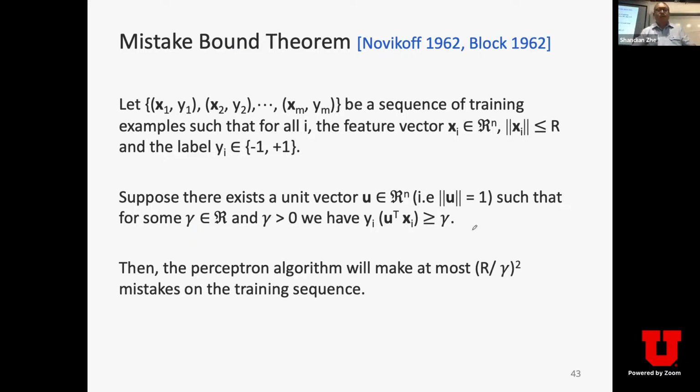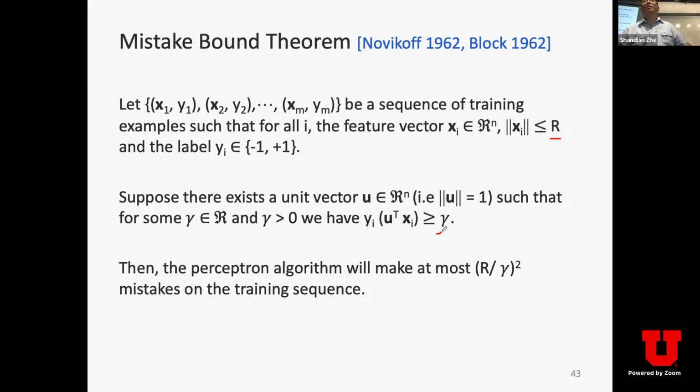Then we run our perceptron algorithm. The perceptron algorithm will make at most big R over gamma squared mistakes on the training sequence, and then it can stop. So big R here is the maximum length of the training feature vectors, and gamma exists in the second condition.